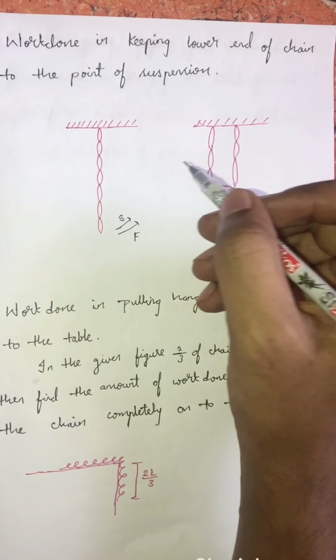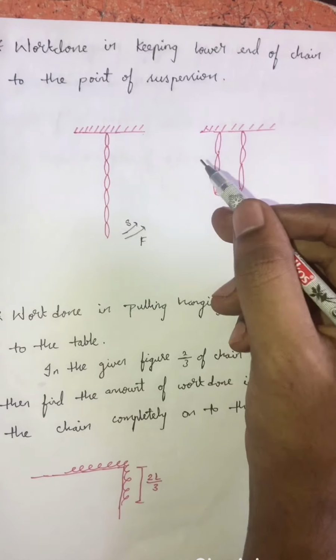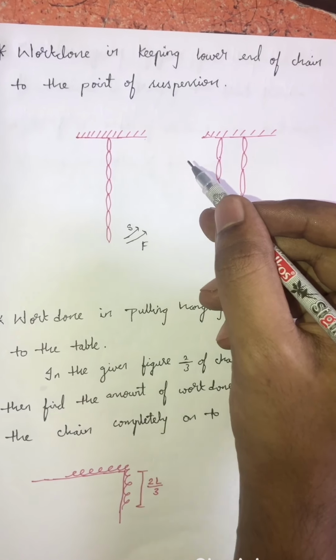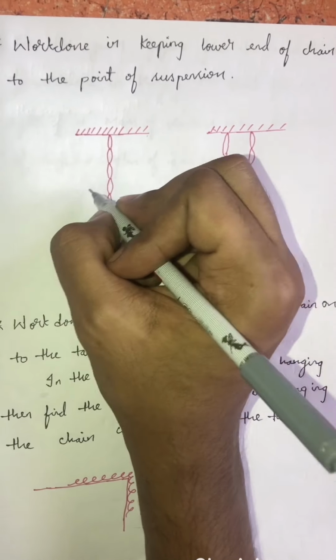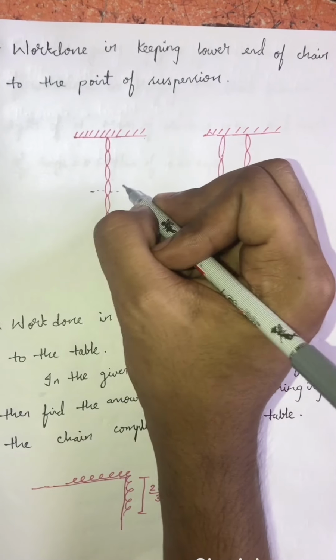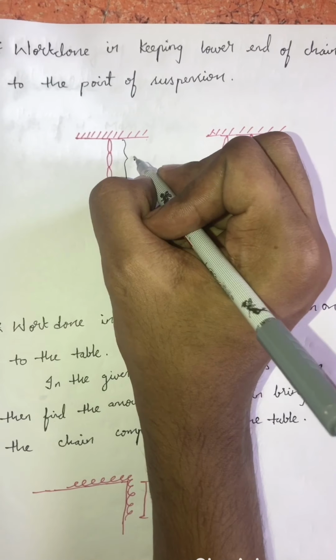Moreover, we know that for a continuous body, potential energy is calculated by considering the center of mass. Initially, the center of mass lies at the center of gravity, that is half of the length of the chain, L/2. This is the center of mass.